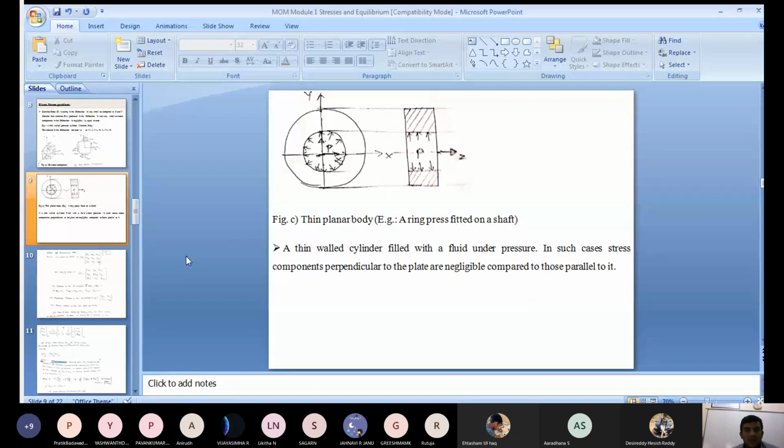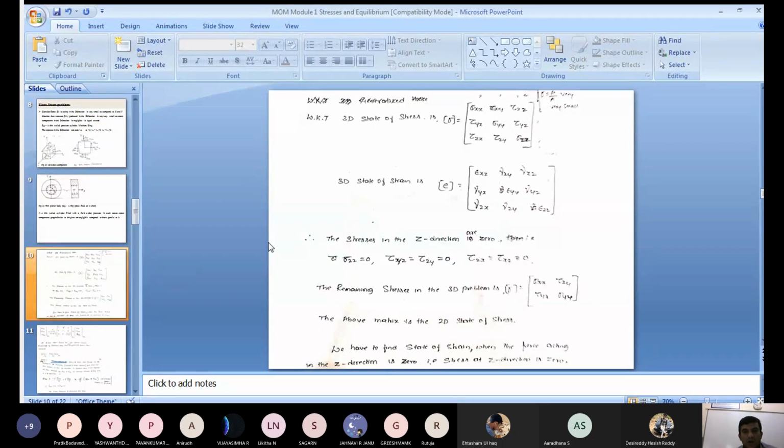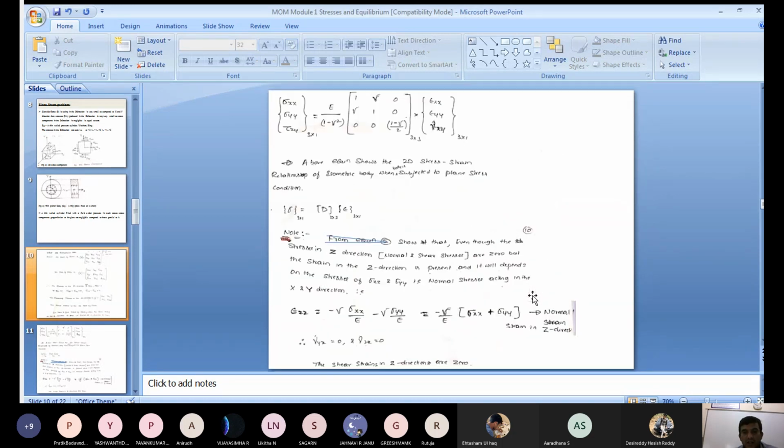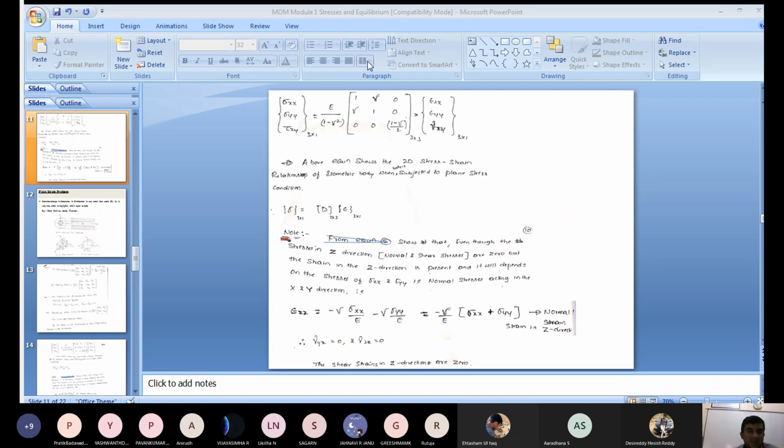Similarly, go for plane strain. This is how you convert the three-dimensional state of stress into a two-dimensional state of stress, right? Then what is the stress-strain relation for a two-dimensional plane stress problem? In the plane stress problem, how many stresses are acting for a two-dimensional component?